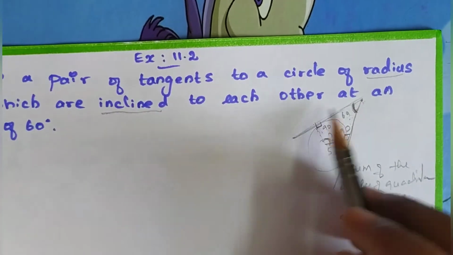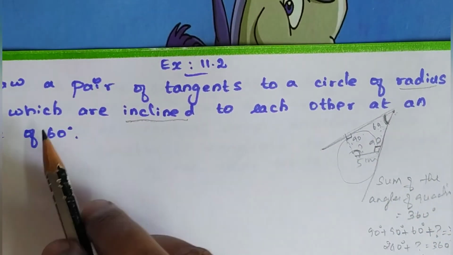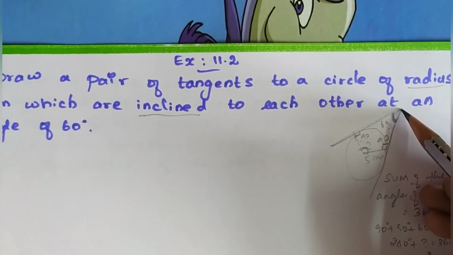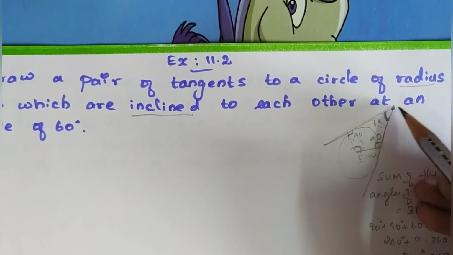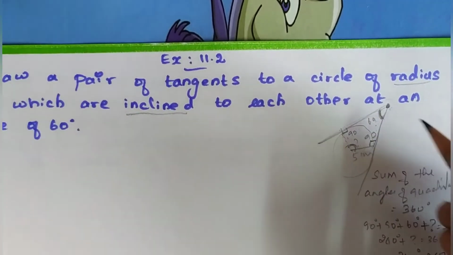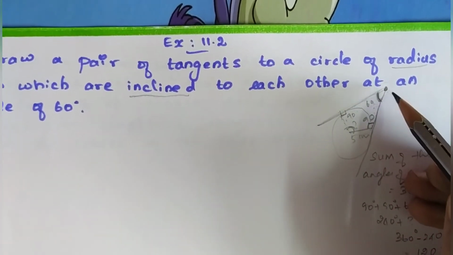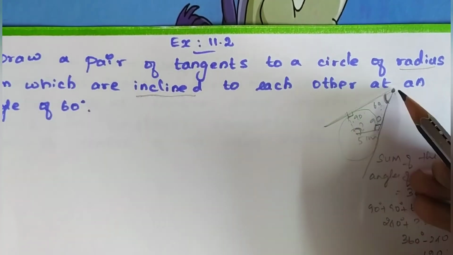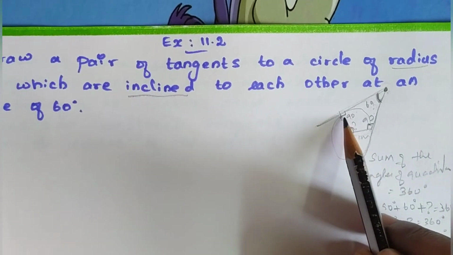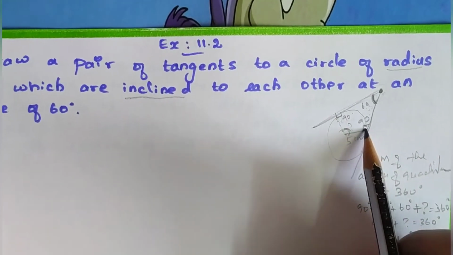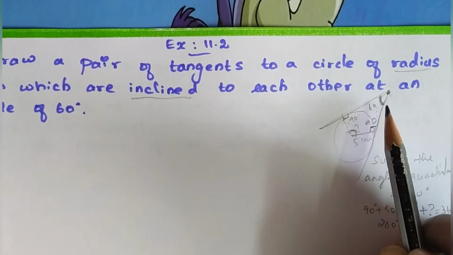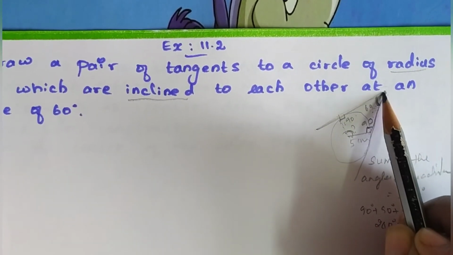First you have to construct a circle, and you have to draw a pair of tangents. This meeting point alone we don't know; this only we have to find. The tangents must be perpendicular to the radii, and we know the inclined angle must be 60 degree, but I don't know where to keep the point.